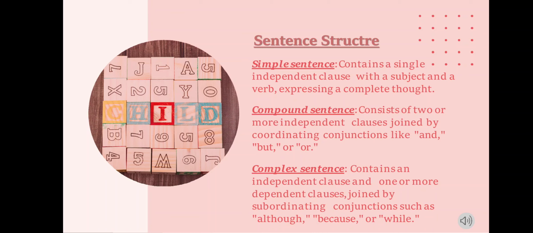Complex sentences show relationships between ideas, such as cause and effect. For example, although the sun shines brightly, some people prefer the shade.